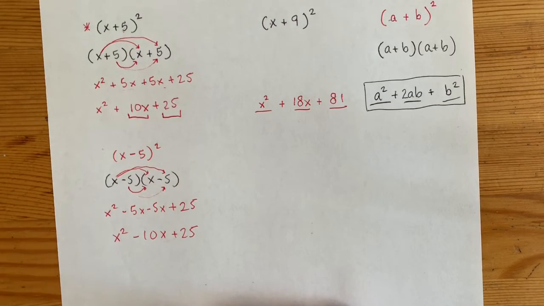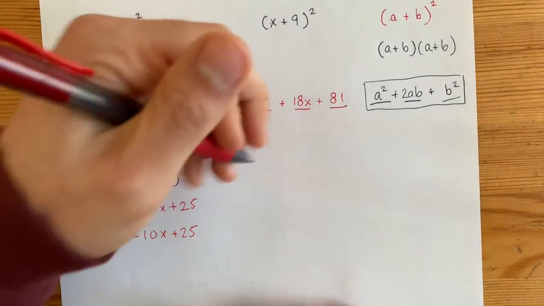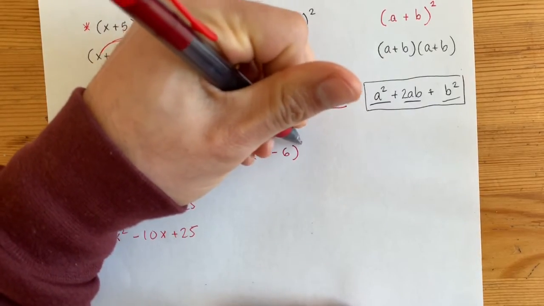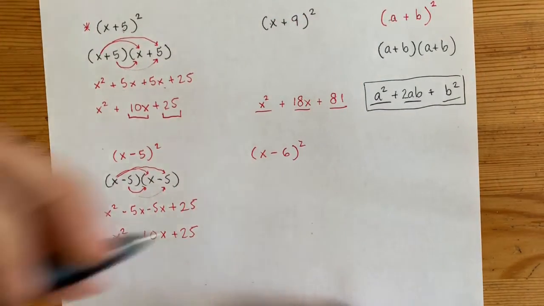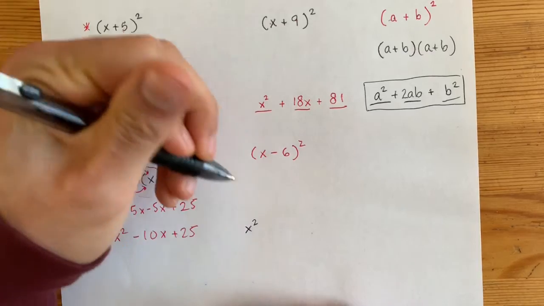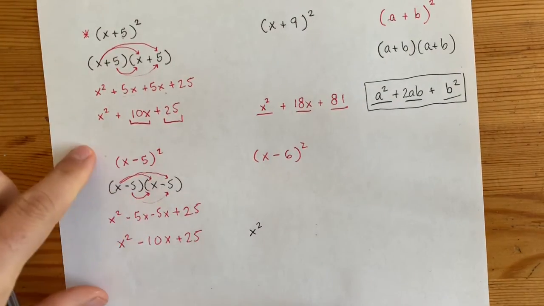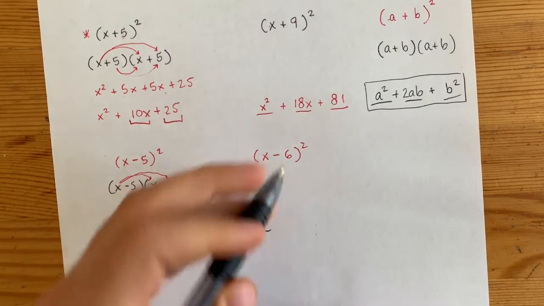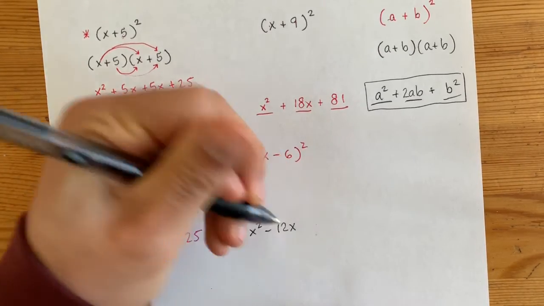So maybe I could do another example here. Let's say it was x minus 6 squared, and just go right to the answer if you can catch the pattern. Again, you could always go back and FOIL it out, but if I catch the pattern, it would be minus 6x doubled, which is minus 12x.